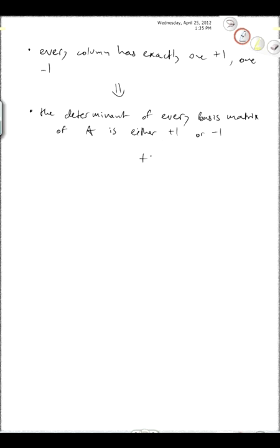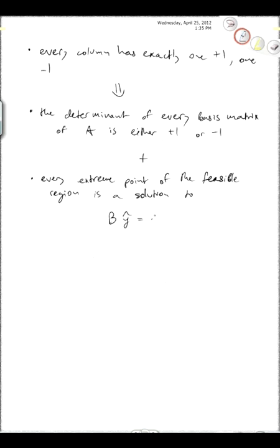And I'm going to combine this determinant fact with another fact, that every extreme point of the feasible region is a solution to something that looks like this: By hat equals b, where B is a basis matrix, little b is the right-hand side of the constraints, and y hat over here is the extreme point.